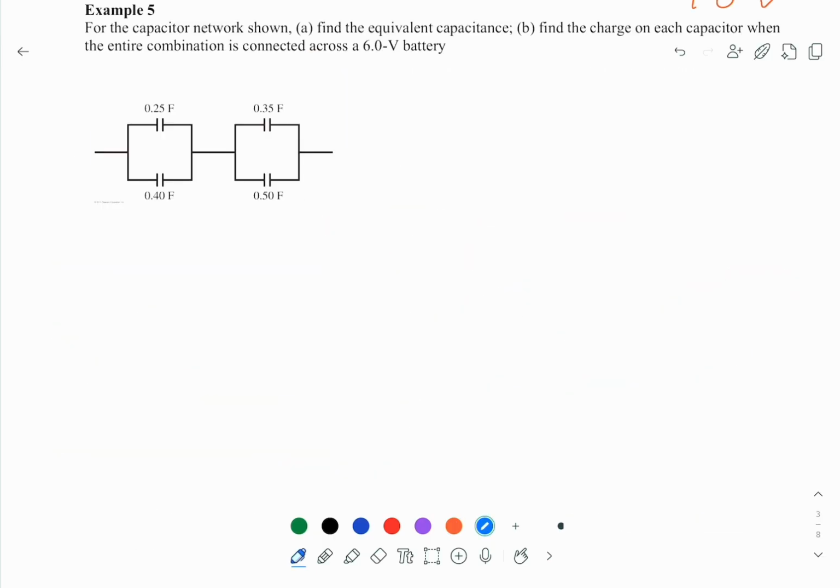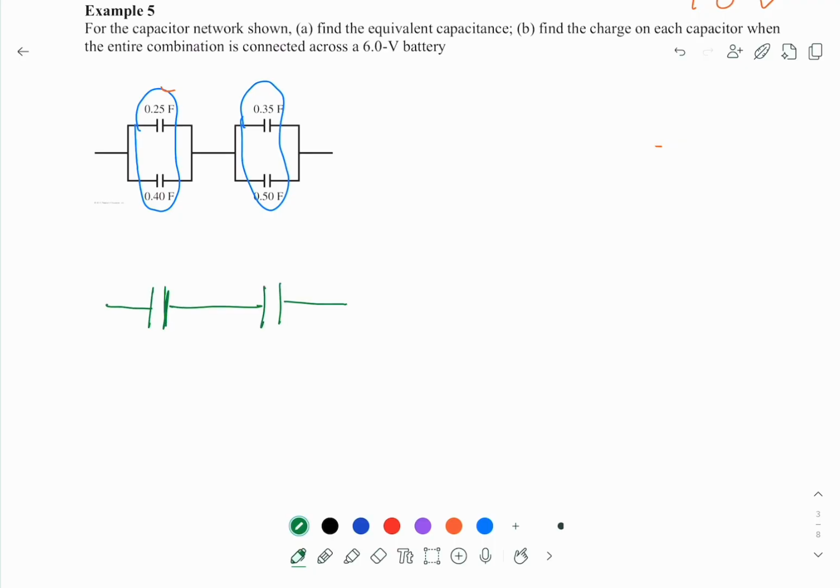In this capacitor network, there are 4 capacitors, and we want to find the equivalent capacitance. So the idea is, first we find the equivalent capacitance of these two in parallel and these two in parallel. Therefore, the circuit becomes 2 here. The first one is 0.25 plus 0.40 farad.